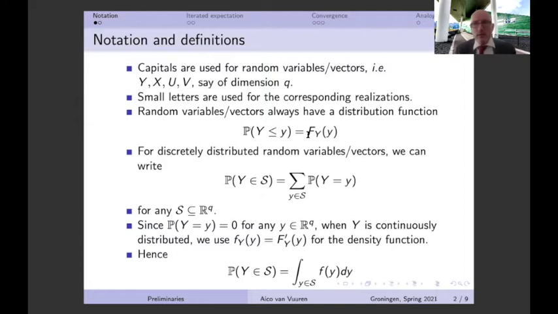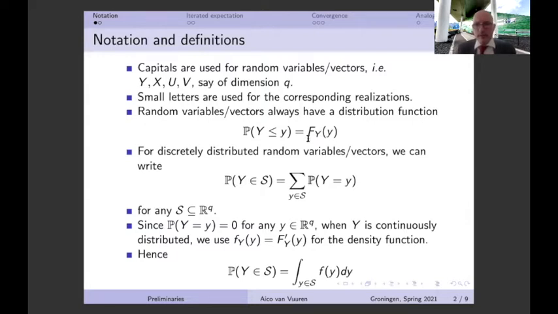And distribution functions, I will always denote them by capital F. So this is not a random variable, but it's the distribution function. And in order to denote that a particular distribution function is of a particular random variable, I will always use in subscript the random variable that we're looking at.